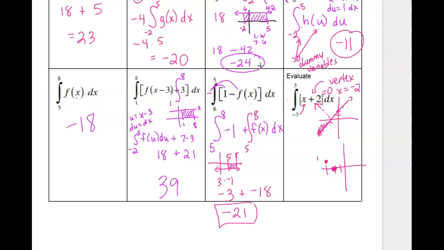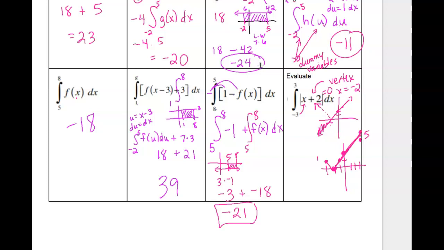So that's at 1. At negative 1, I get 1. At 0, I get 2. And I want to go to 3. So I'm going to go 1, 2, 3. I don't care about 1 and 2. So 3 plus 2 is 5. So we have, oh, that's a terrible graph. Let's go higher. That's a line, straight line.